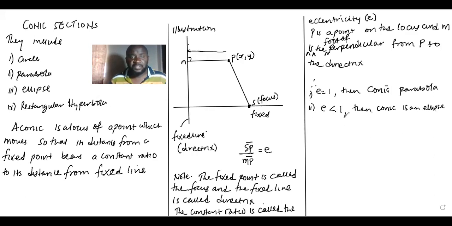So next week, I'll introduce the ellipse on Monday. Then 3, if the eccentricity is greater than 1, the conic is a hyperbola. For the ellipse, I need a lot of trig. Even the hyperbola, we need trig, rectangular hyperbola. So your trig should be sharpened.